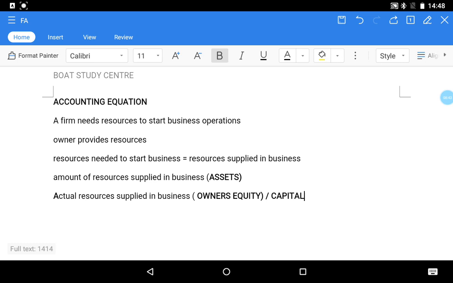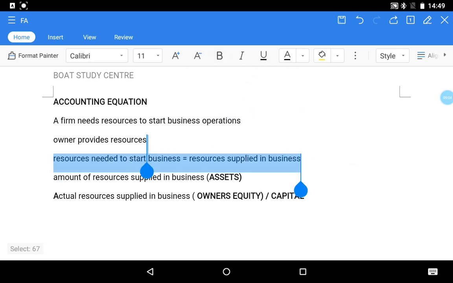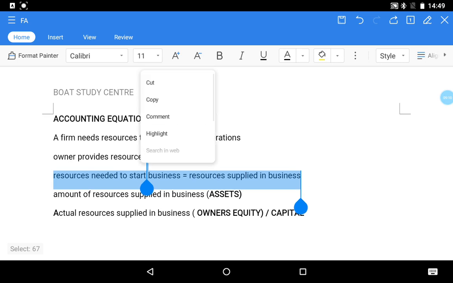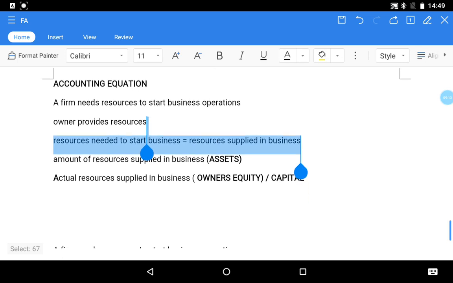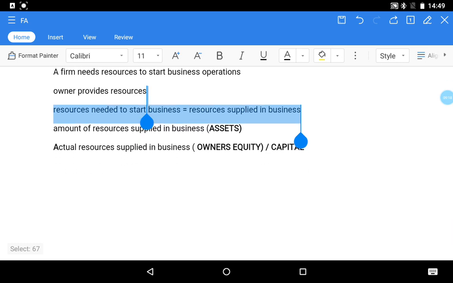Like for a business, it has assets. We have said the business needed those resources to start its operation, and the owner has provided them. From this statement, resources needed to start a business is equal to resources supplied in a business, and we have said the resources needed are called assets in the business.